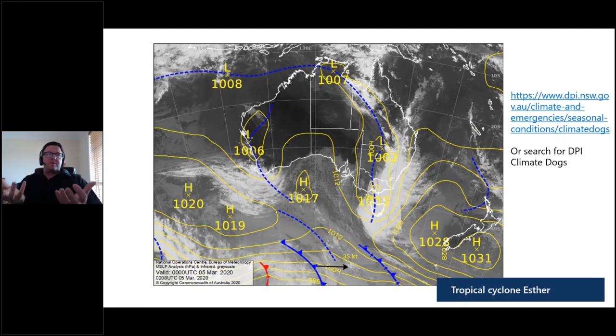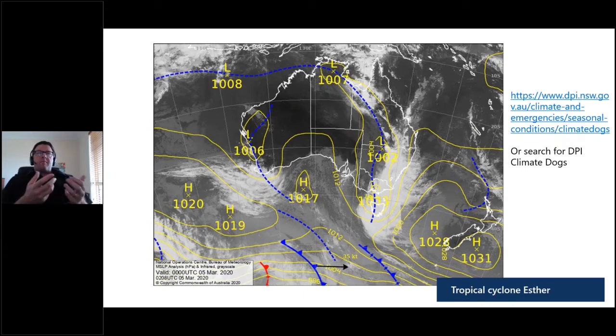A good example was in March, Tropical Cyclone Esther. It broke up and drifted down, and it was really the event that drove that early autumn break. And we've got quite warm local sea surface temperatures, and that's allowing systems to form and bring the follow-up rain that we've had and the good seasonal conditions.